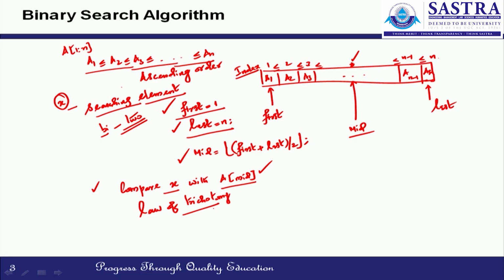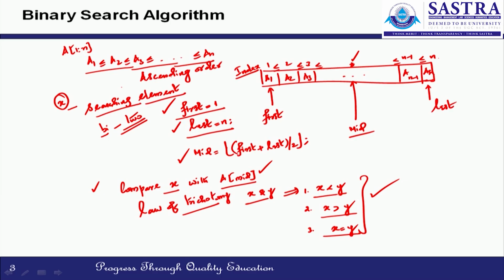Comparing two quantities x and y, there are three possibilities. First, x is less than y; second, x is greater than y; third, x is equal to y. These are the three possibilities when we compare two elements x and y.